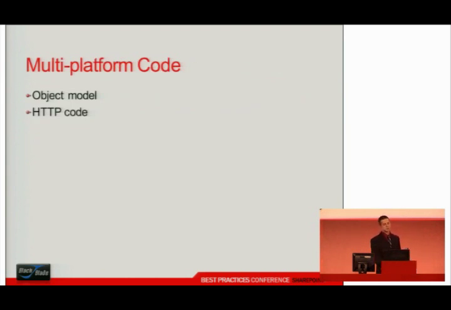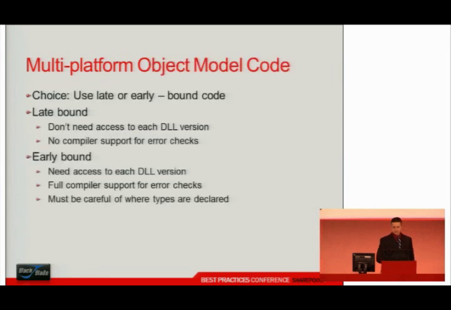All right, so let's take a look at some examples of object model and HTTP code that is designed to run on multiple versions of SharePoint. In the object model, anybody work with languages that support late binding? Maybe Visual Basic 6 or earlier? Yeah.